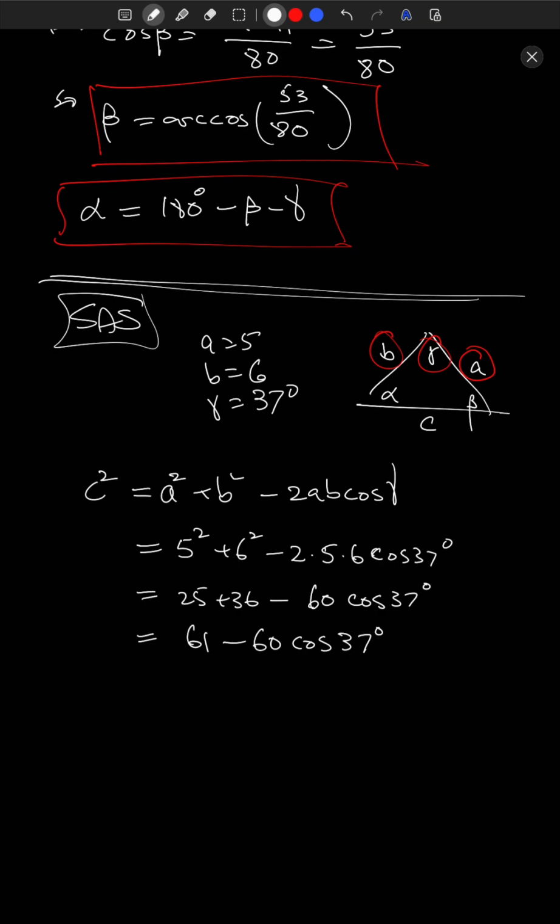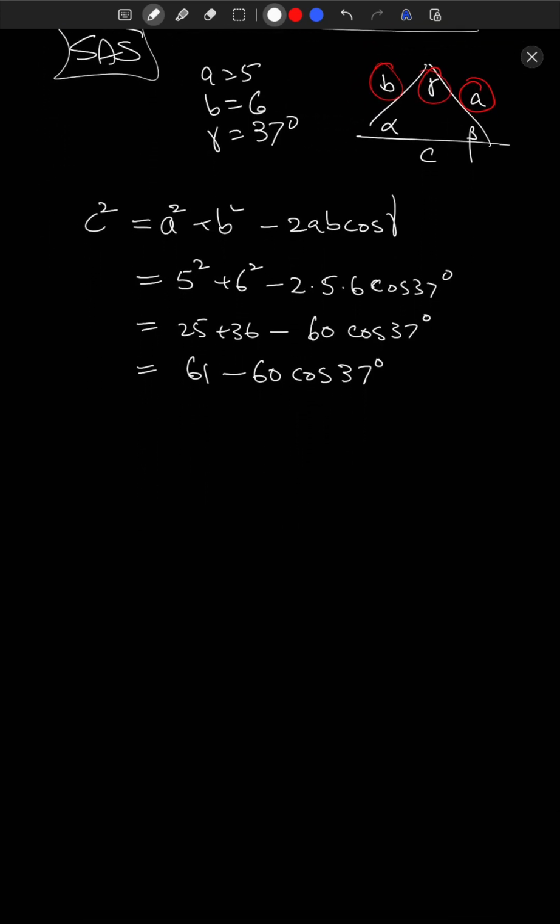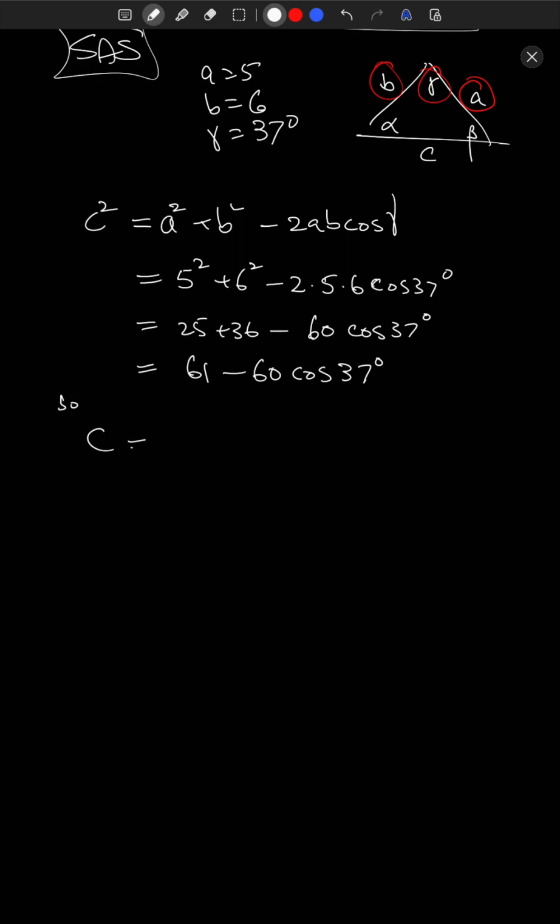All right, so C is equal to plus or minus square root of 61 minus 60 cosine 37 degrees.